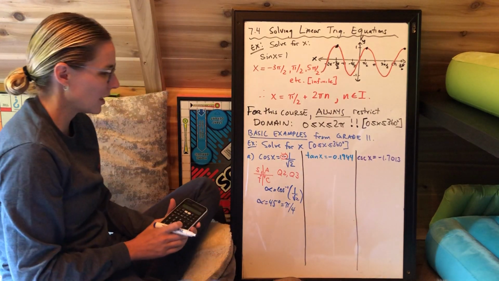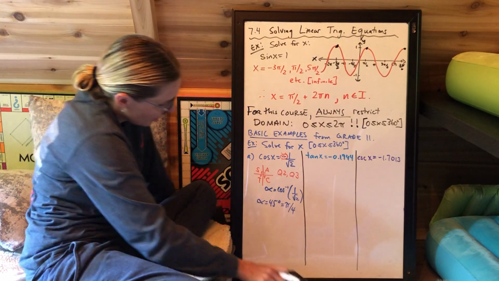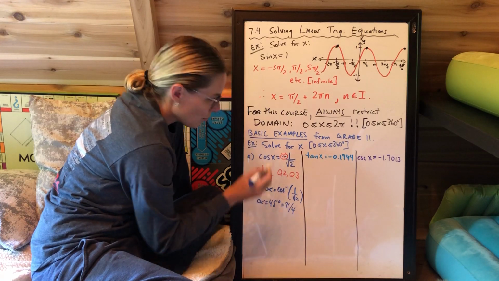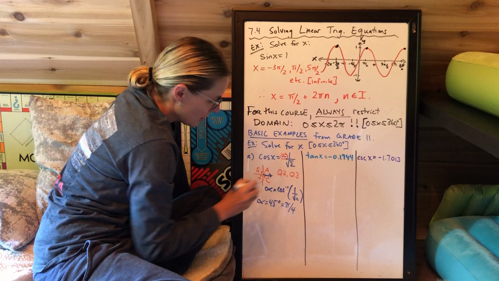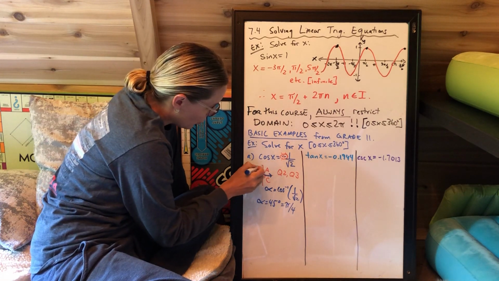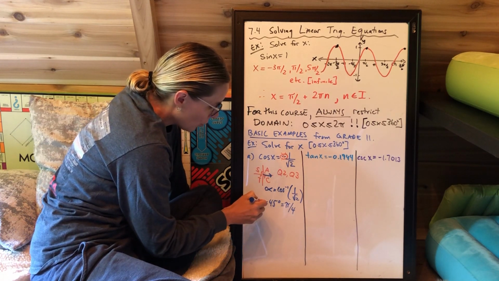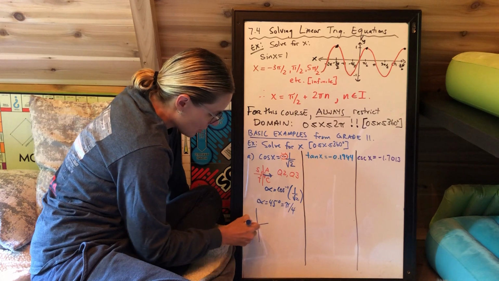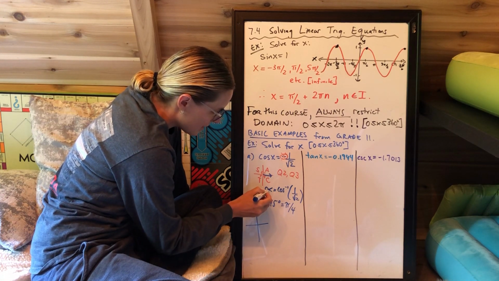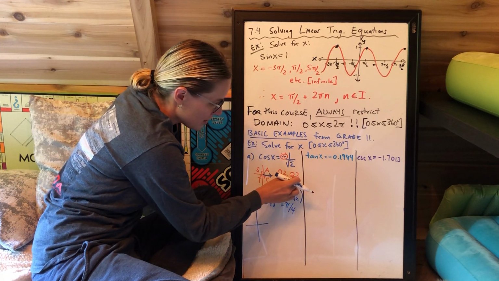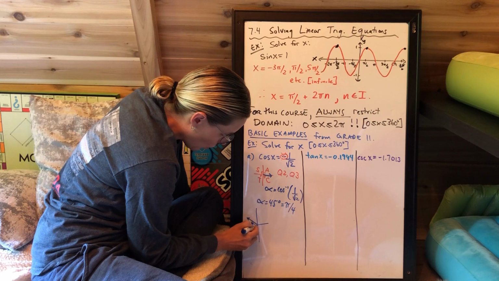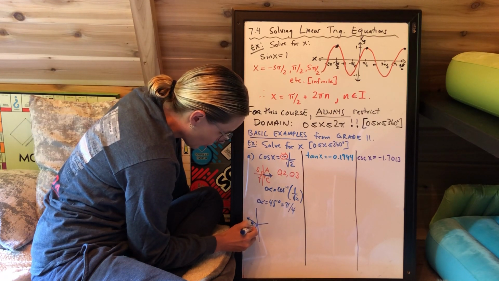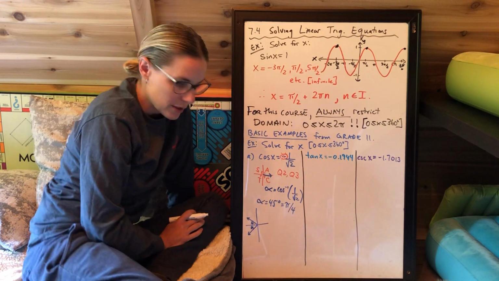Well, what does that mean, related acute angle? I want to find out what my x, or my theta, my original angle starting at the stationary arm is. Remember, we go counterclockwise. So in order for me to find x or theta, I have to look at this angle in the 2 quadrants that I know it's in. So this is in quadrant 2, and that's 45 degrees, or quadrant 3, and that's 45 degrees.